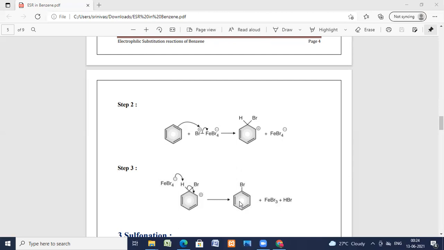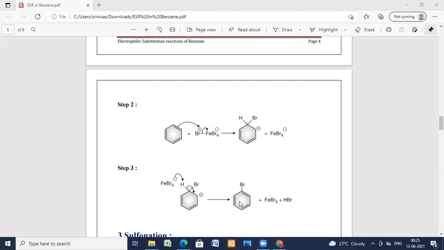So the ring bromination can be achieved in the dark, cold, in presence of a halogen carrier. On the other hand, side chain chlorination and bromination can be favored at high temperatures, in presence of light. Thus, when chlorine is passed through toluene solution in presence of sunlight, substitution takes place at the side chain.